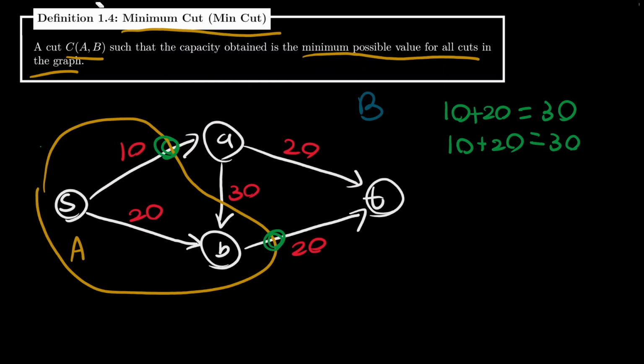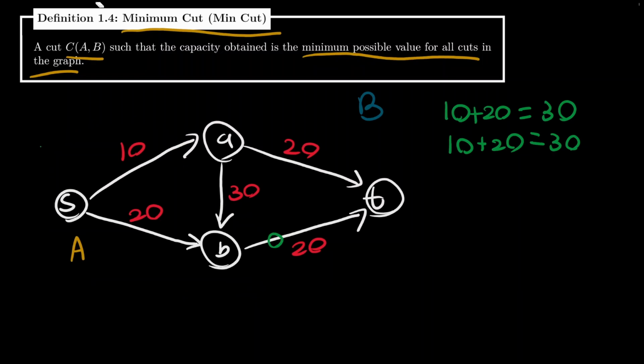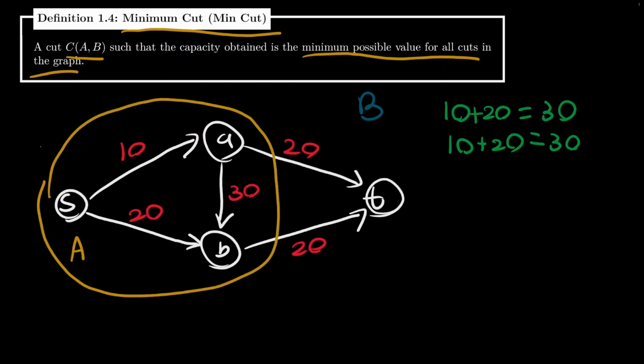We can see that after we draw another connection here, so let's draw another S-T cut, let's draw 20 and 20, we're going to achieve 20 plus 20 because of these cuts here. This is going to be 40.